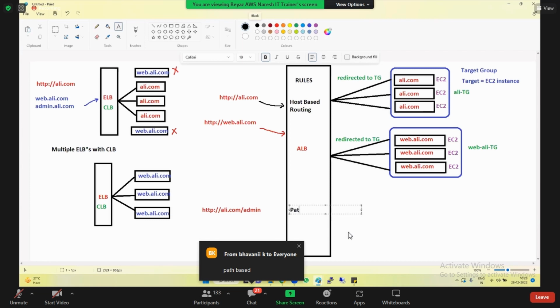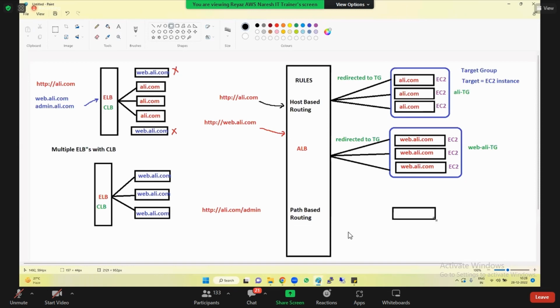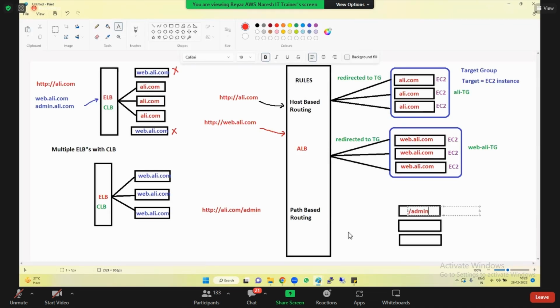You can simply go ahead and create rules. And then for this, you create an admin application with a separate target group. Anyone coming with /admin, you have the application separately.